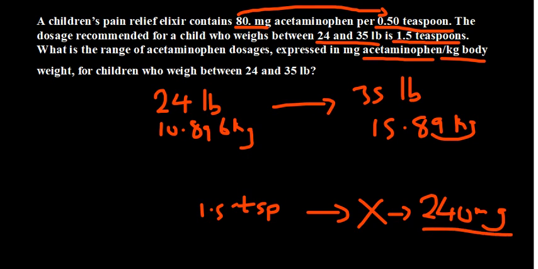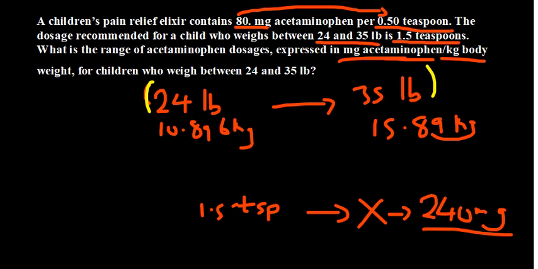But then again, the question wants us to express it in milligrams of acetaminophen per kilogram of the body. Between 24 and 35 pounds, the dosage is the same. So how are we going to express it?